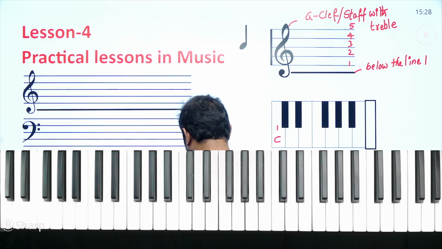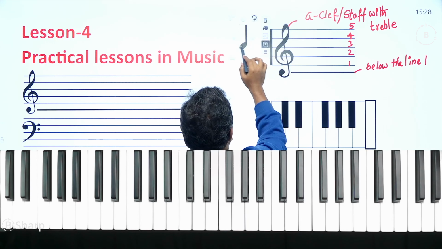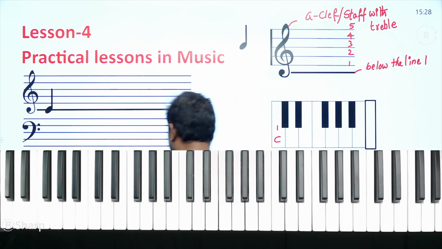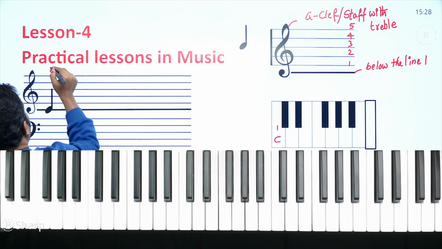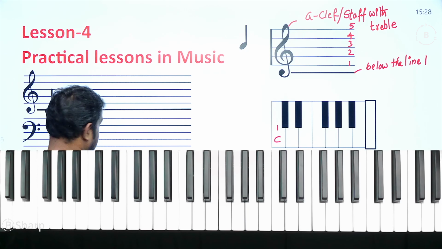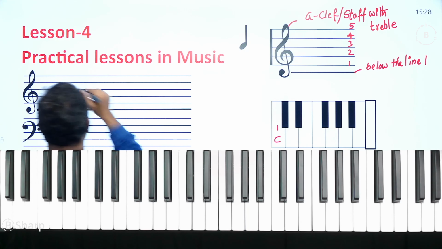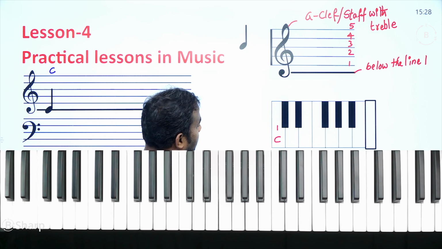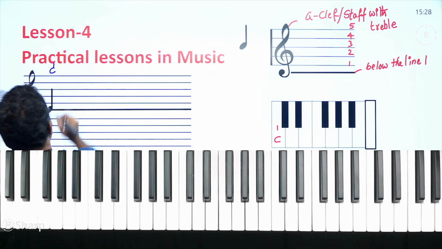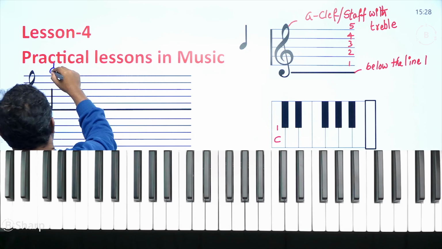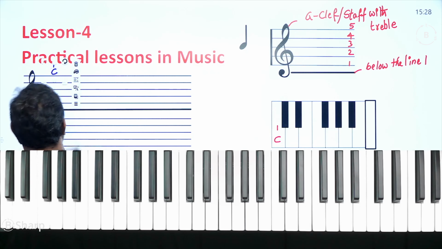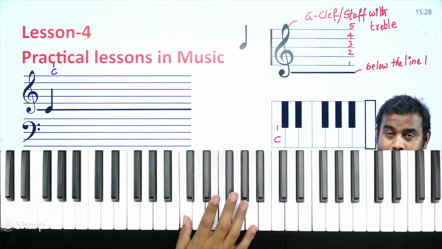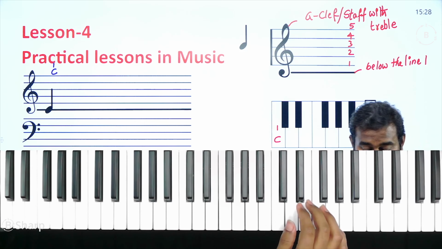Okay, so on this line, if you see a note here, that represents the note C. This is the note C. You have to play note C. And what is the number that you have assigned here? So here you have assigned the number 1, no? So this is the number 1. Okay, like this.